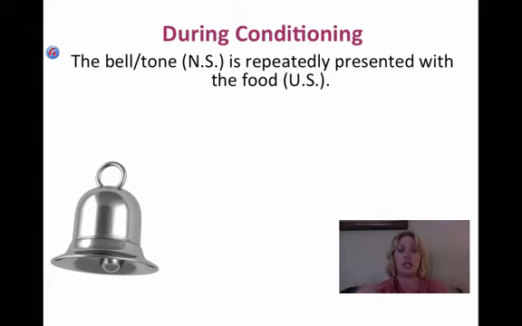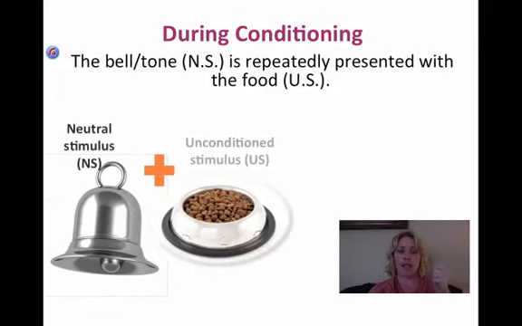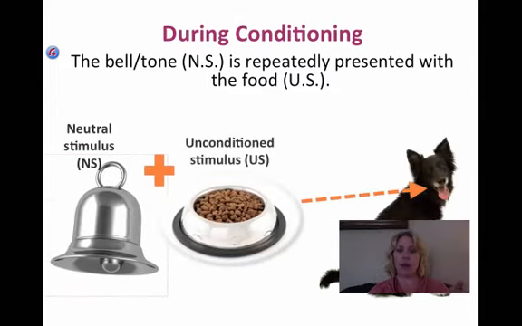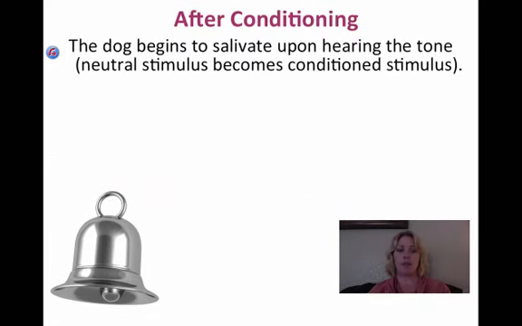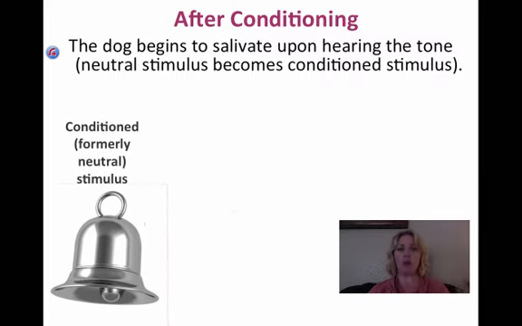Now, during the conditioning process, you ring the bell, the neutral stimulus, and you pair it at the same time with presenting the food, the unconditioned stimulus. So you have the ringing bell at the same time as you bring the food, which then causes the dog to salivate. Then you repeat this process multiple times.